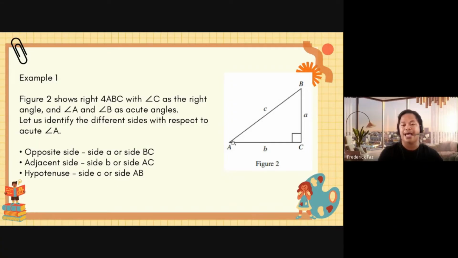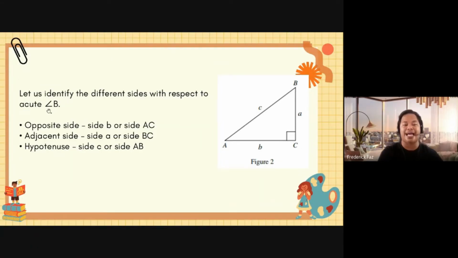And we have two acute angles, angle A and angle B. So let us determine the sides with respect to acute angle A. If this is angle A, the side opposite is BC or side A. The side adjacent to angle A is AC or side B. And the hypotenuse is side AB or side C. For acute angle B, the opposite side is side AC or side B. The adjacent side to angle B is side A or side BC, and the hypotenuse is side AB or side C.